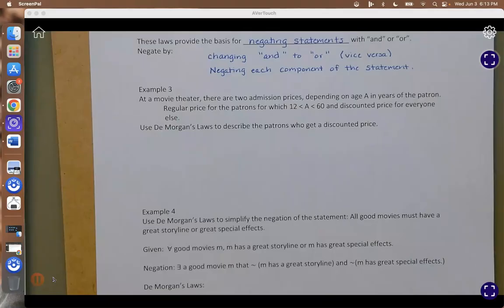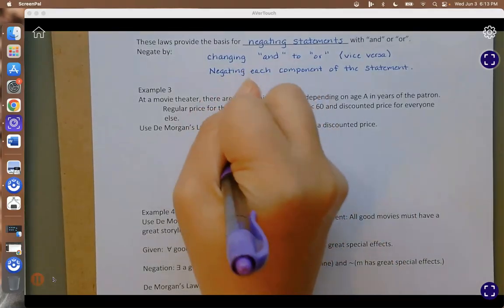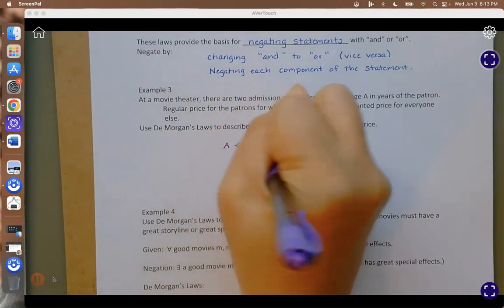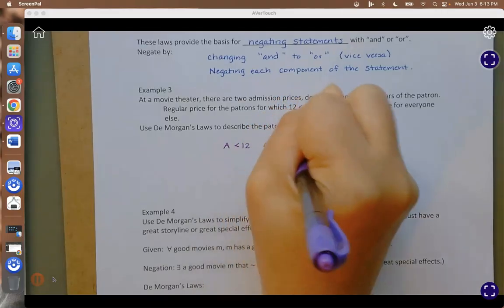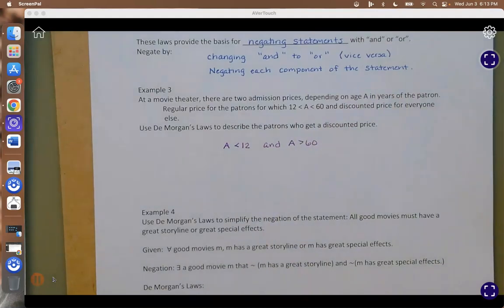Okay, so we're going to use De Morgan's Law to describe the patrons who get a discount. So the people who do not get a discount are the people that are younger than 12 and the people that are older than 60. Those are the people who do not get a discount.